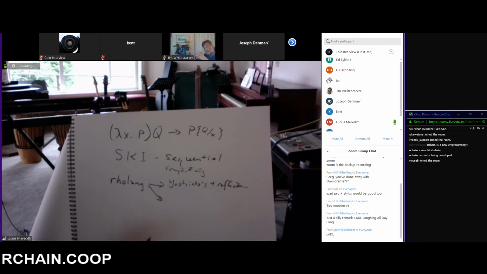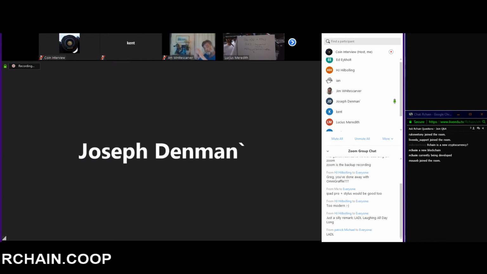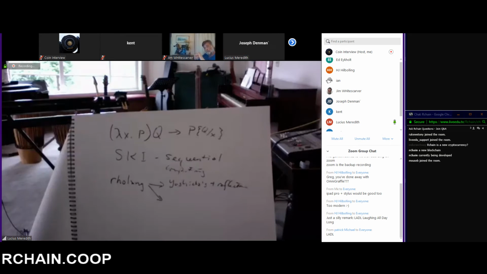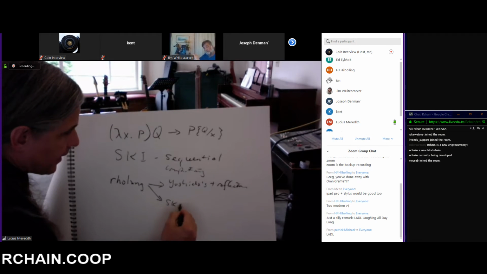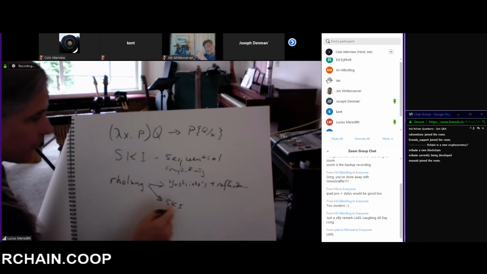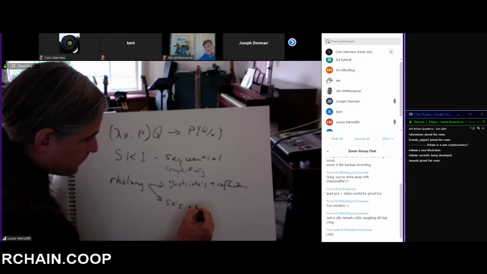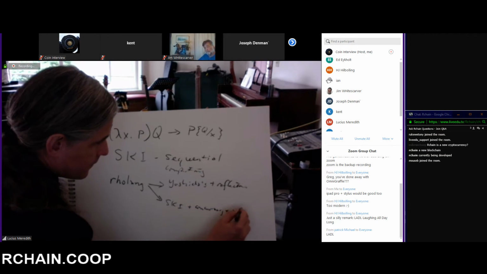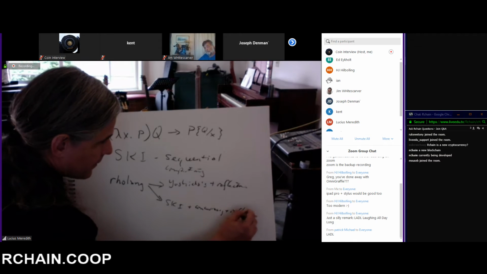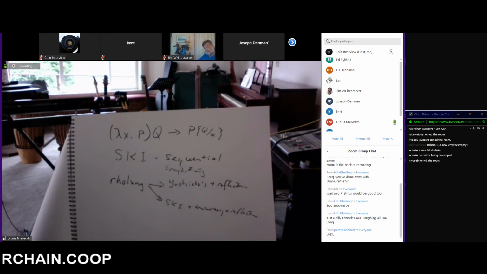There are no variables. And then we can also take SKI and beef it up with concurrency plus reflection, and get another calculus which has no variables.